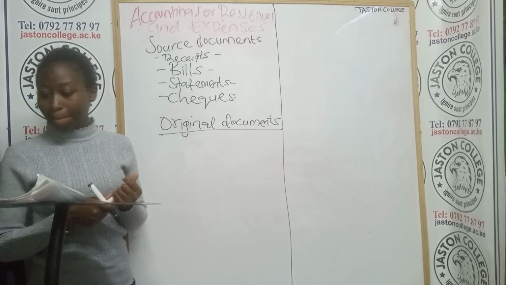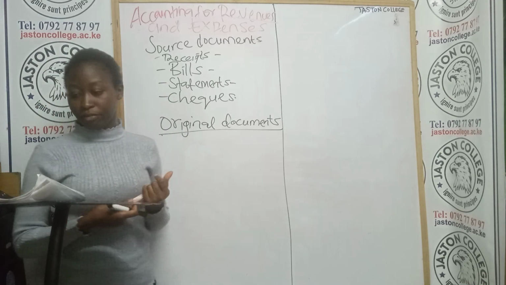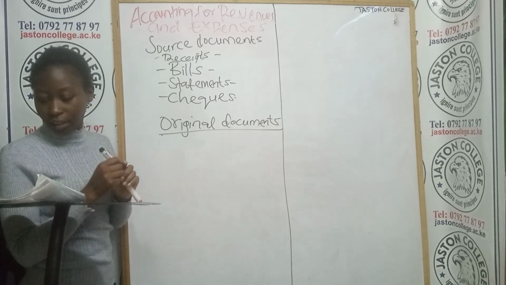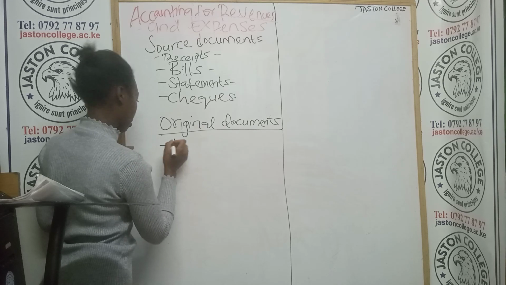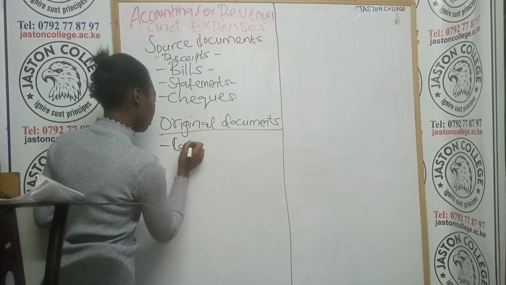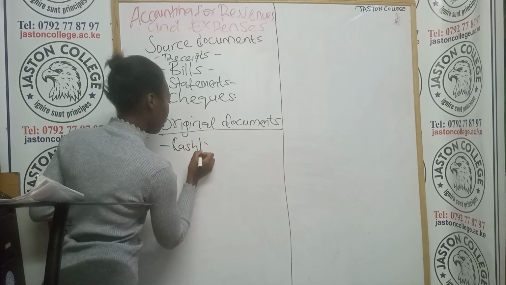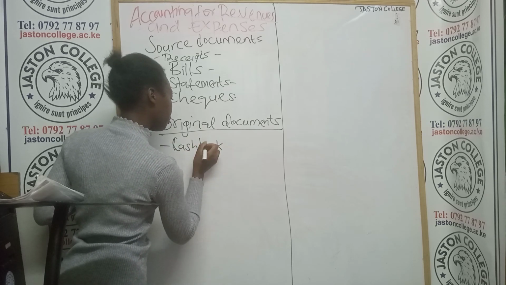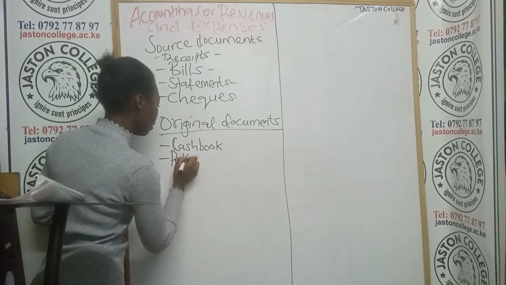So those are our books of accounts which we have, and I will write them here. We have the cash book, then we have the petty cash book.